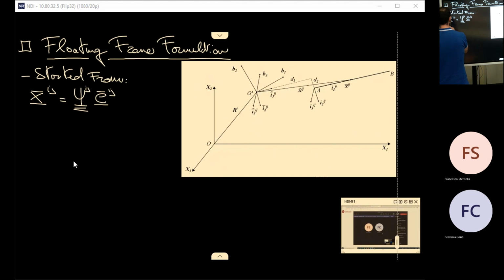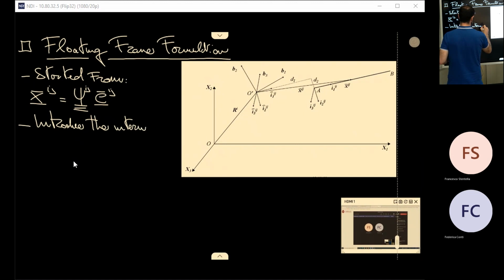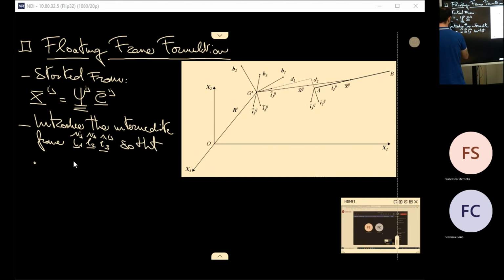Now, what we actually eventually did was to introduce the intermediate frame, I1, I2, and I3 over hat ij, so that we have two basically main hypotheses.